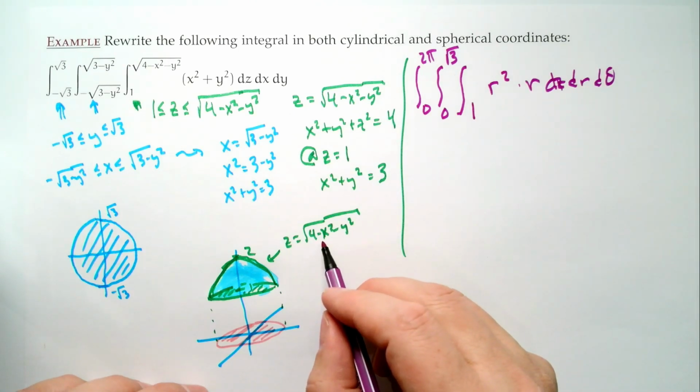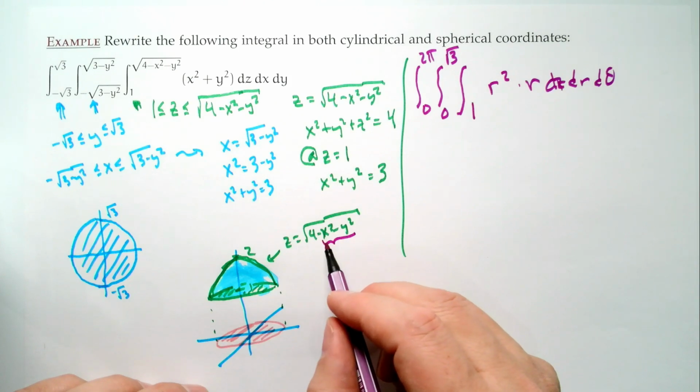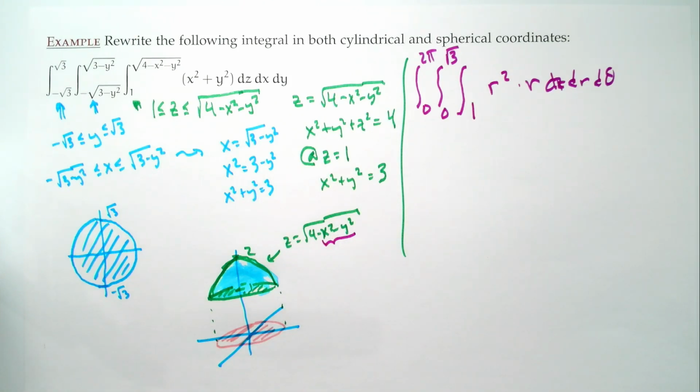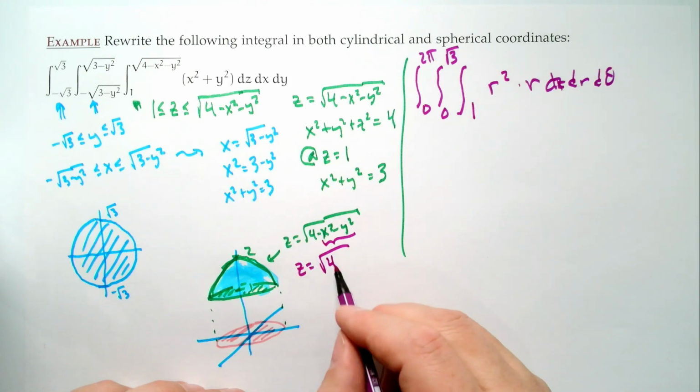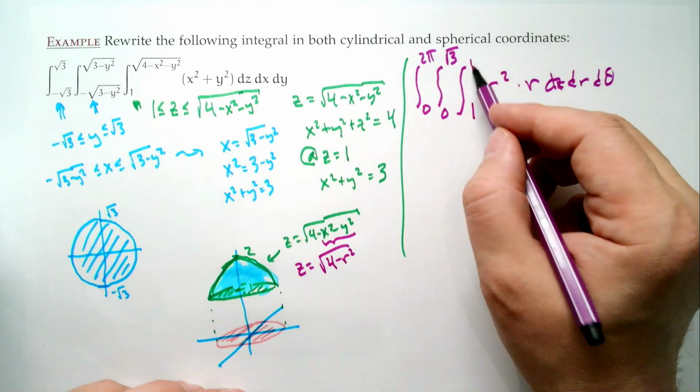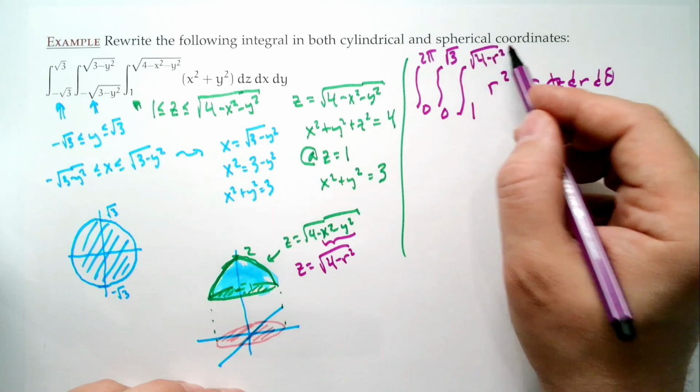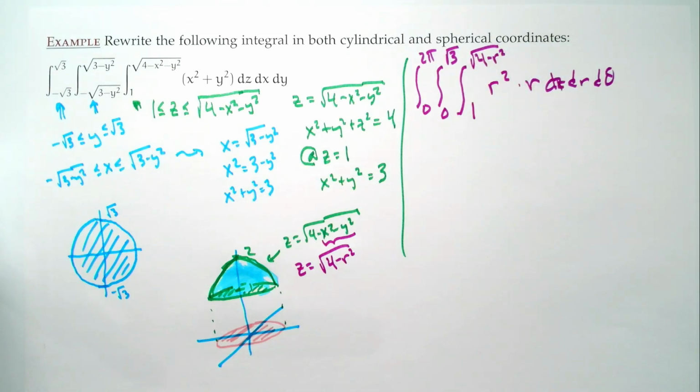Here, we really say, oh look, this is 4 minus the quantity of x squared plus y squared. So in cylindrical coordinates, this is the square root of 4 minus r squared. So in some sense, this one's not so bad to switch to cylindrical, because a lot of it is just set up for it. You have lots of nice symmetry, things work pretty straightforward, no big surprises.